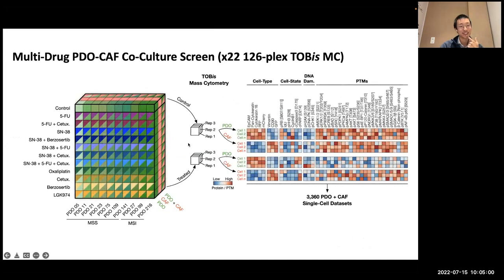Let's see, so the data set looks like this. We have 10 patients in 3 different drug conditions, and then a bunch of different drugs applied to it with 3 replicates. So this is a lot of different samples, and each one is a single cell measurement. So for a drug, a patient, and a condition, you get a single cell measurement over these features here.